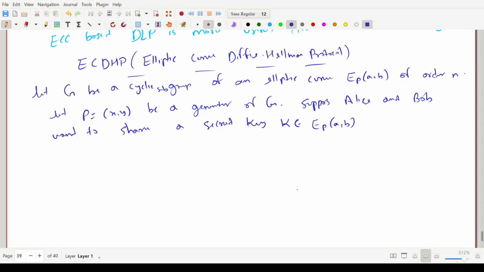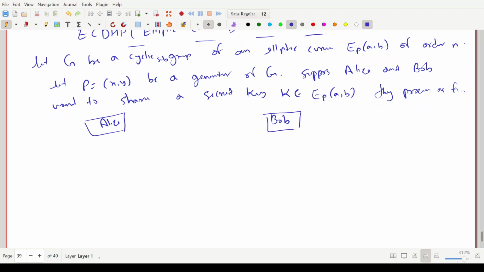They proceed as follows. Suppose I have Alice here and this is Bob. As in the Diffie-Hellman protocol, it is quite similar to that. Alice chooses dA, belonging to Zn star, and computes K1.